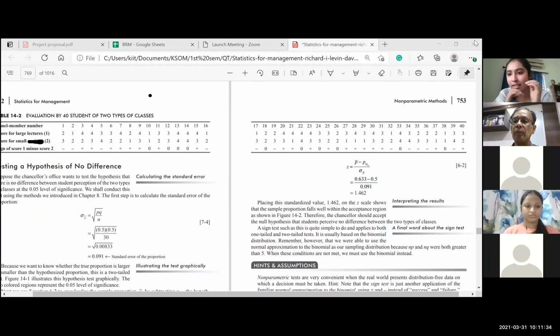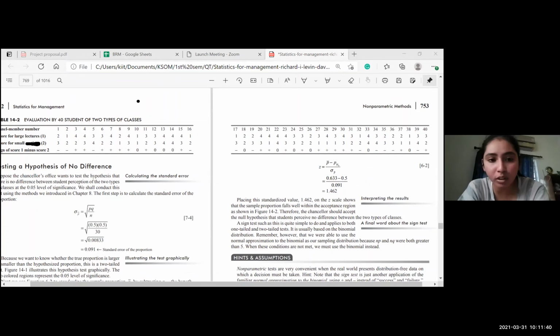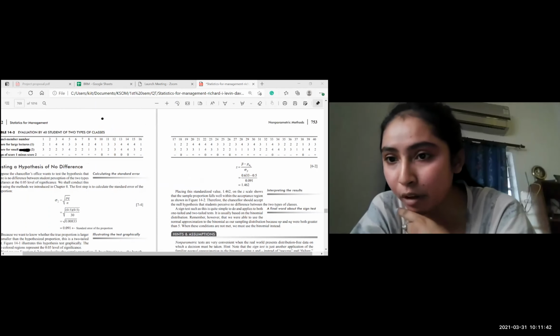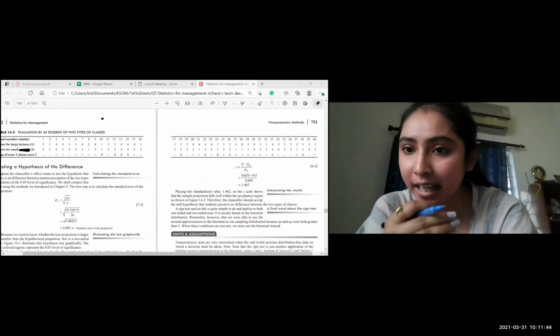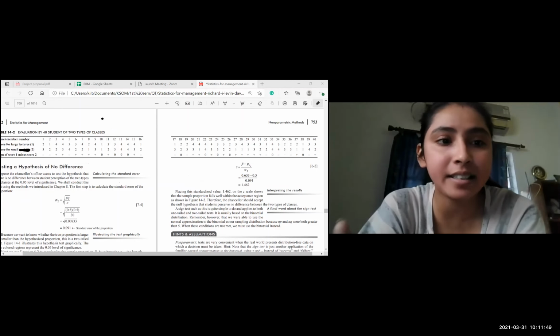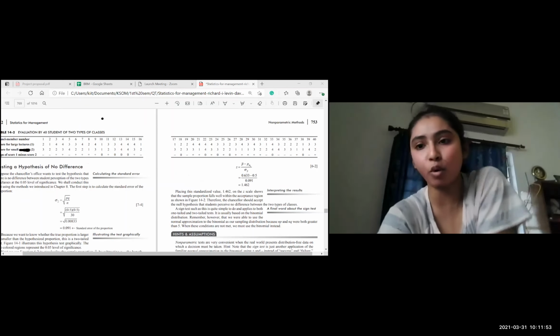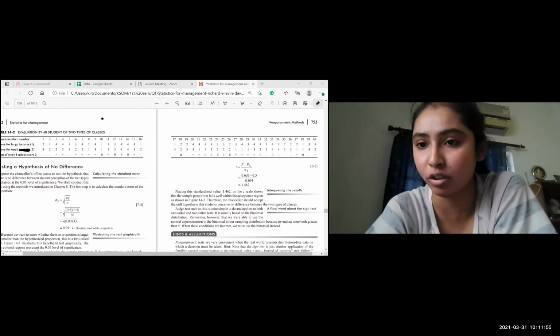And if the difference is 0, we will put a 0. Then we will compute the number of plus signs and the number of minus signs. If the number of plus signs is more, that indicates people are suggesting large lectures. And if the number of minus signs is more, then people are suggesting small lectures.